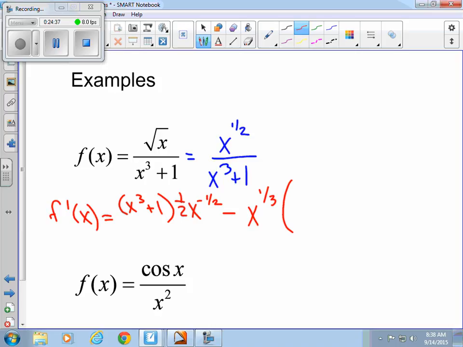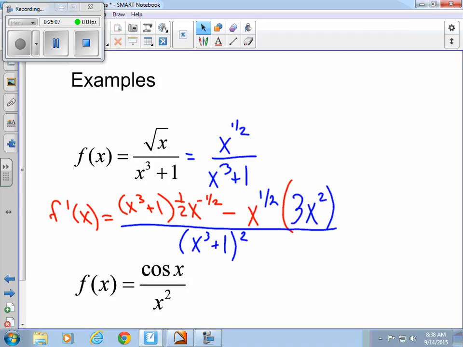What is the derivative of the bottom? It should be 1 half. Three x. Any questions so far? Top times the derivative of the bottom, all divided by the bottom.